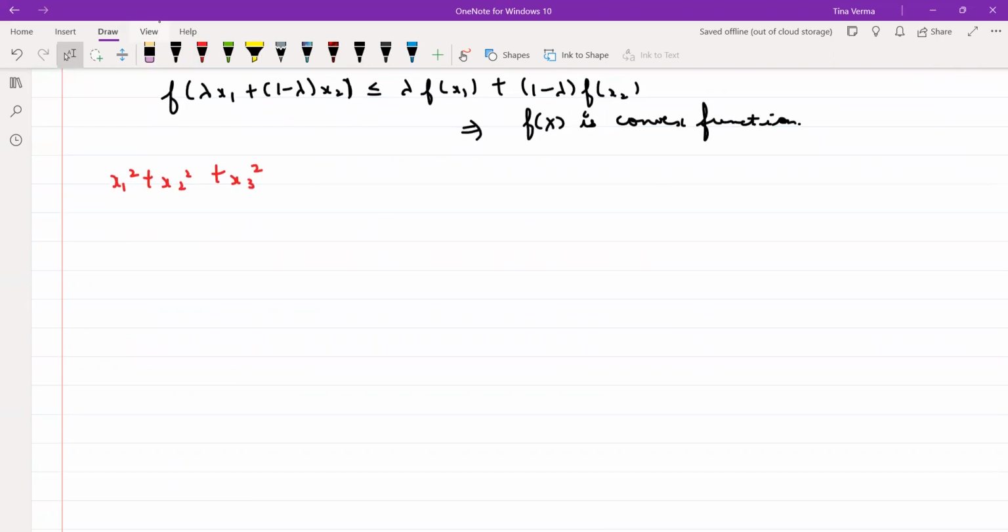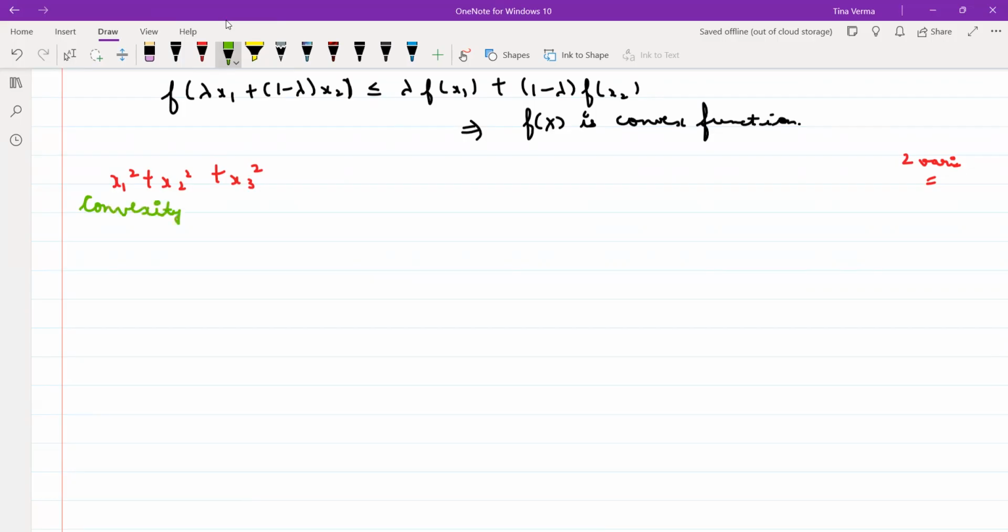It is not that you cannot check. Like you have done in your M1, you can check convexity and concavity, but only for two variables: you calculate AC minus B squared and then check for the maximum and minimum. That is only for two variables. If you have n variables, you can check convexity by the Hessian matrix.